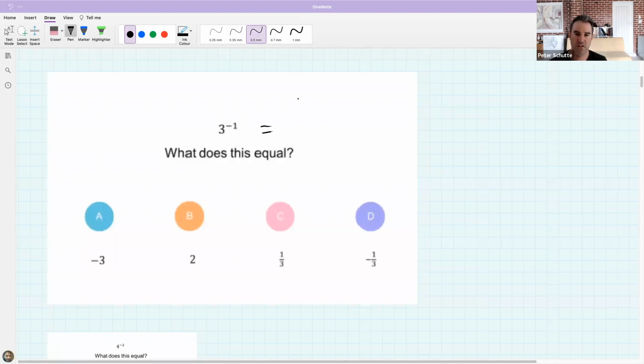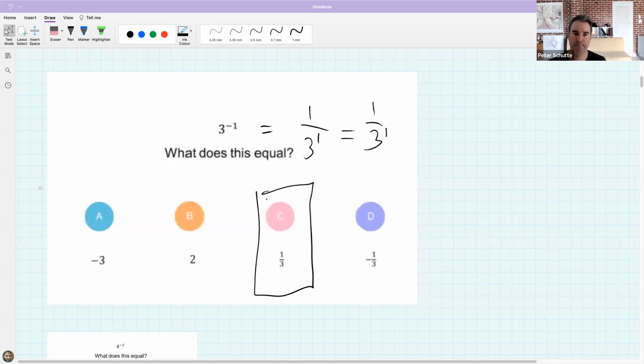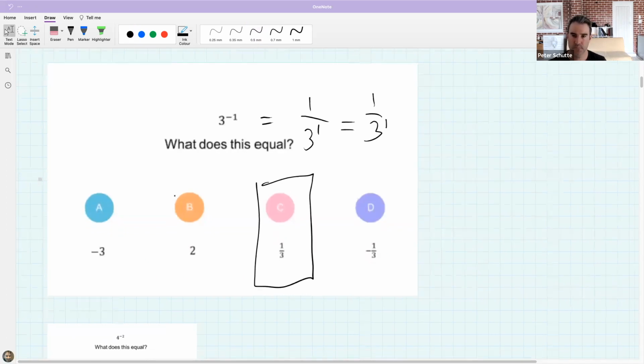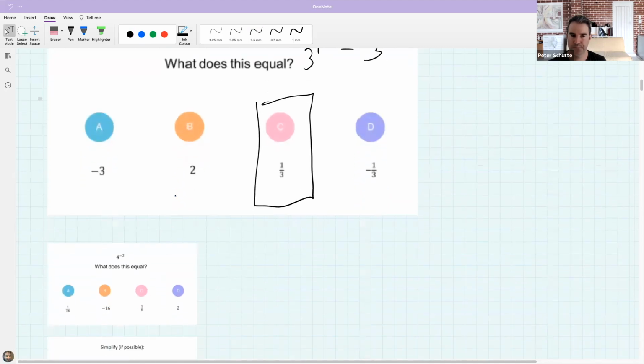So this is just using that definition that I spoke about earlier, that you can rewrite this as 1 over 3 to the 1, which is 1 over 3. You can see that the negative power has now become positive because it's gone from the numerator to the denominator. And so the correct answer would be C. Cool. Great going, guys.